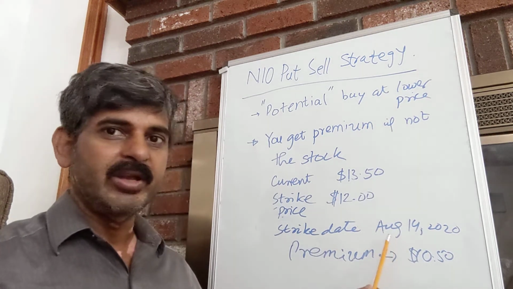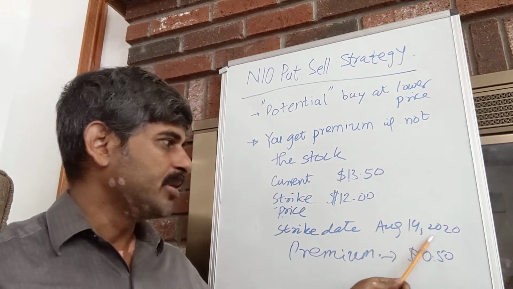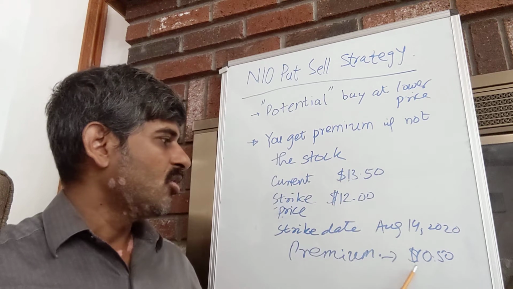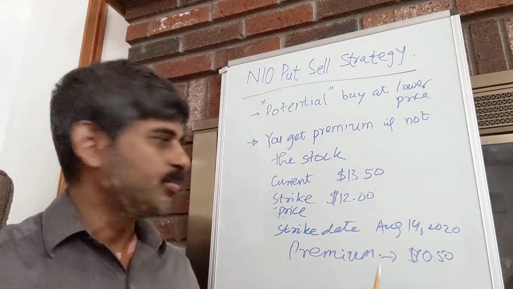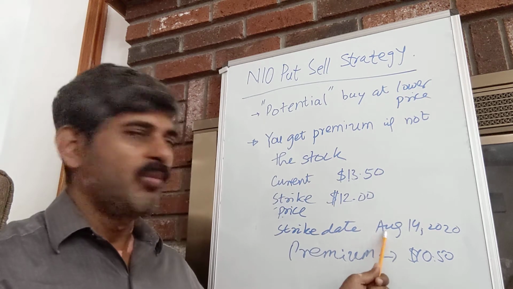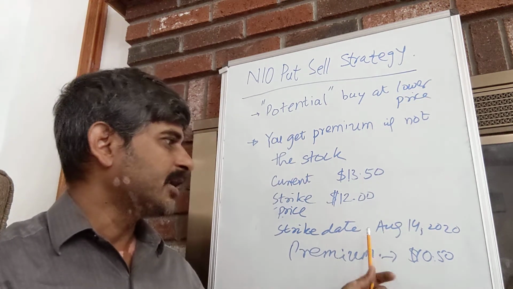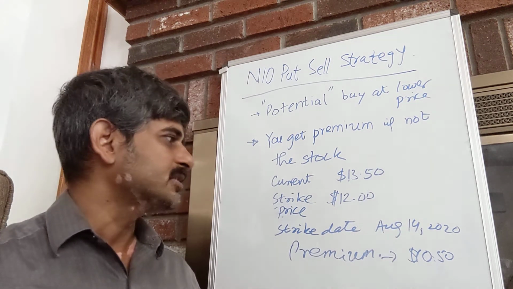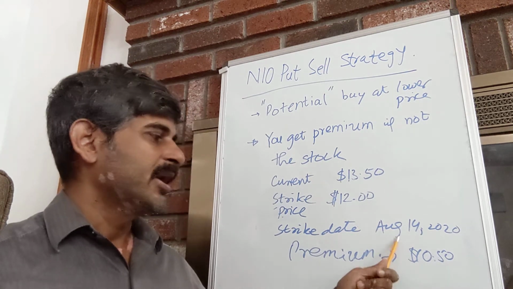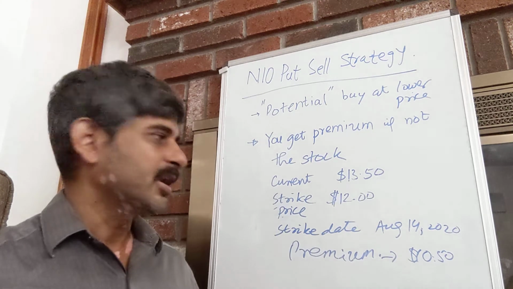Maybe August 7 is too low, the premium is too low, so you need to keep moving on this date. I usually do not go much farther than 3 to 4 weeks. I typically see that between 2 to 3 weeks is the sweet spot where I get the highest potential return.